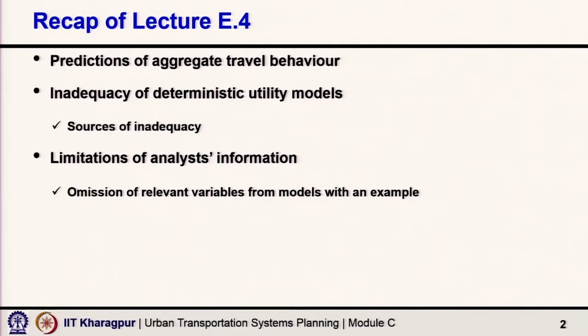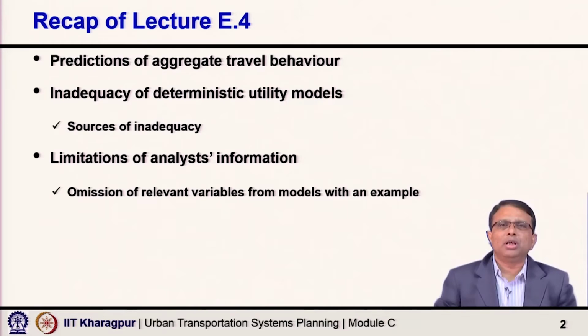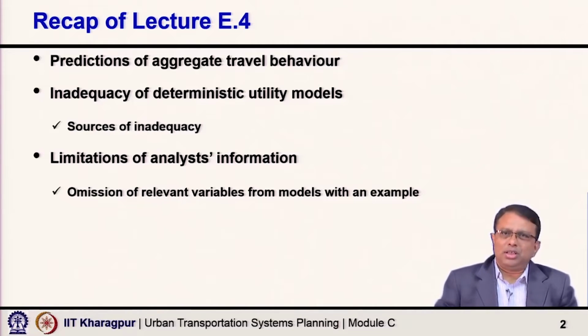In lecture 4, we discussed how we can predict aggregate travel behavior using disaggregate models. We said that we can consider different segments based on income or other characteristics, and then for different segments predict the choice using the disaggregate mode choice model.